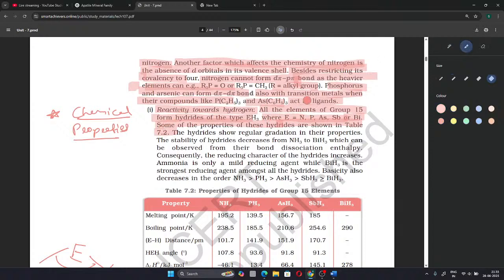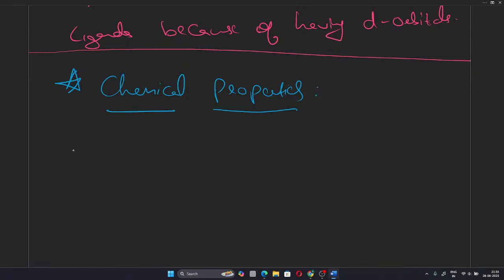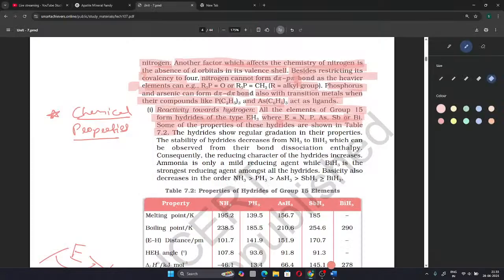Reactivity towards hydrogen. All the elements of group 15 form hydrides of type EH3. Chemical properties. First one is reactivity towards hydrogen. All the nitrogen group elements form EH3 type of bonds with hydrogen.